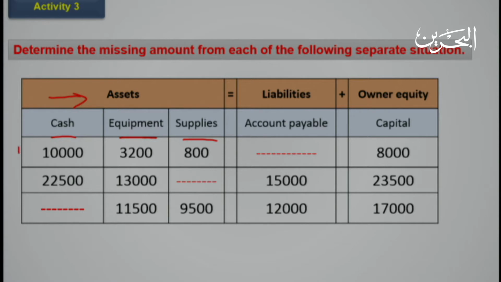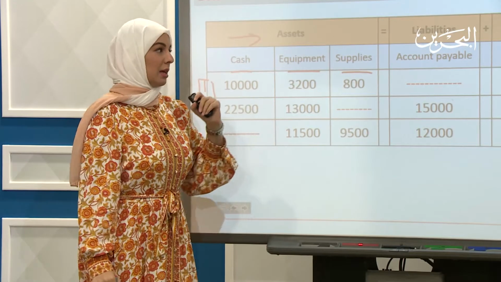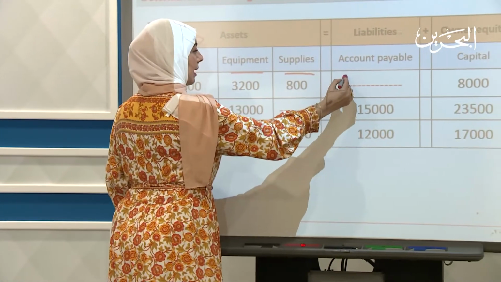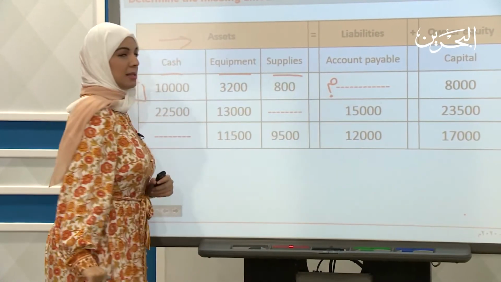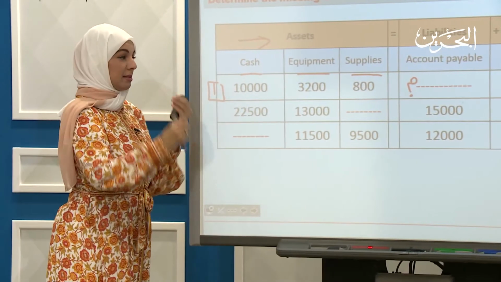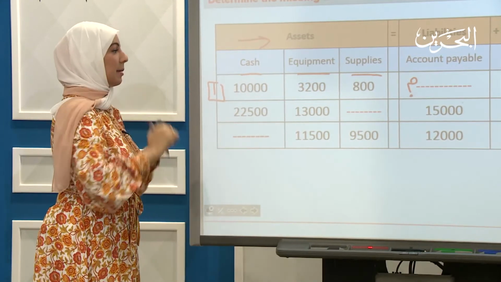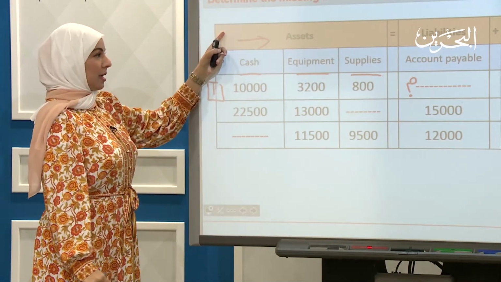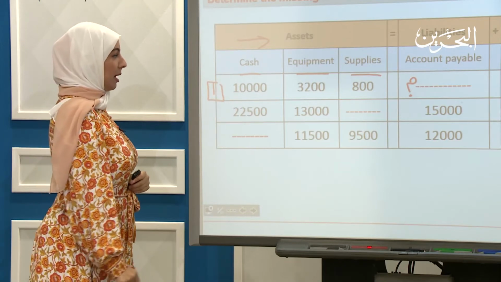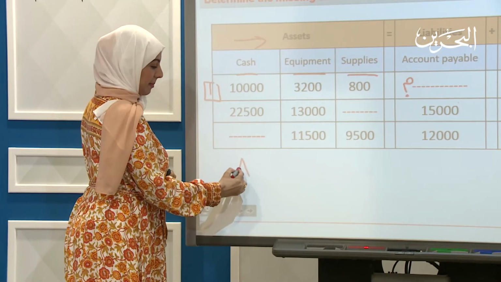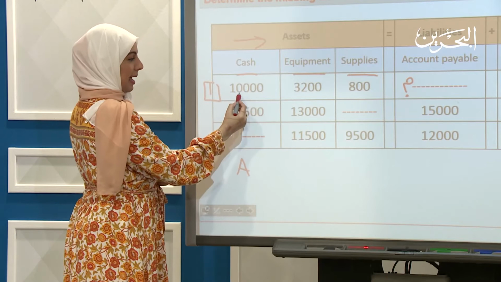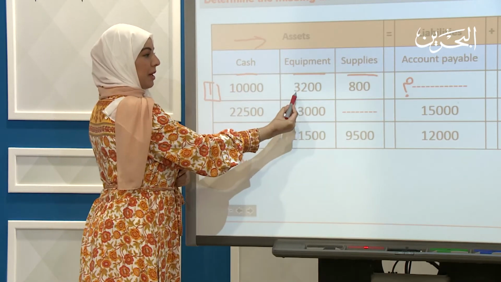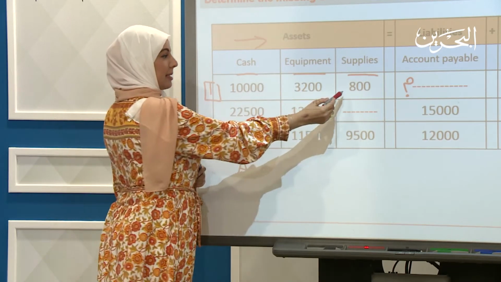Let us take a look at the first example. I have all the figures for all these accounts, but I need to find the liability in this example. How can I get the liability? Applying the first equation, I should take the assets, and I have 10,000, 3,200, and 8,000.